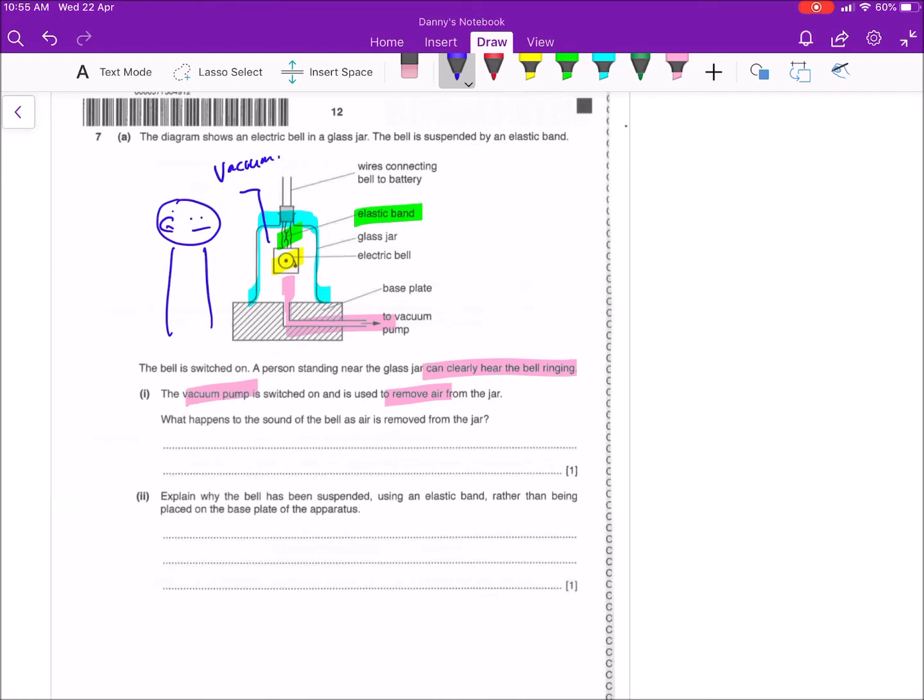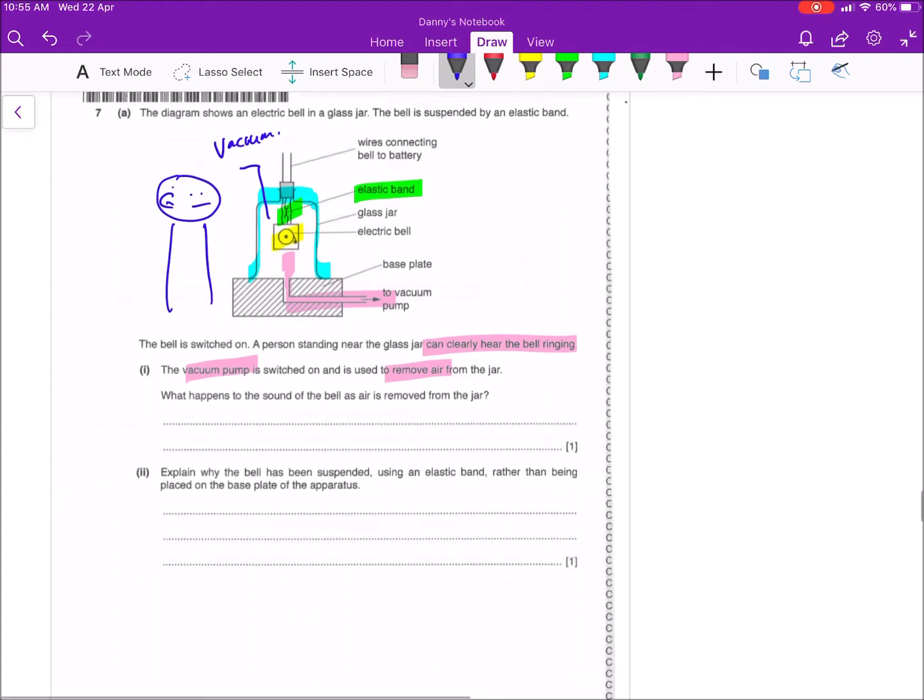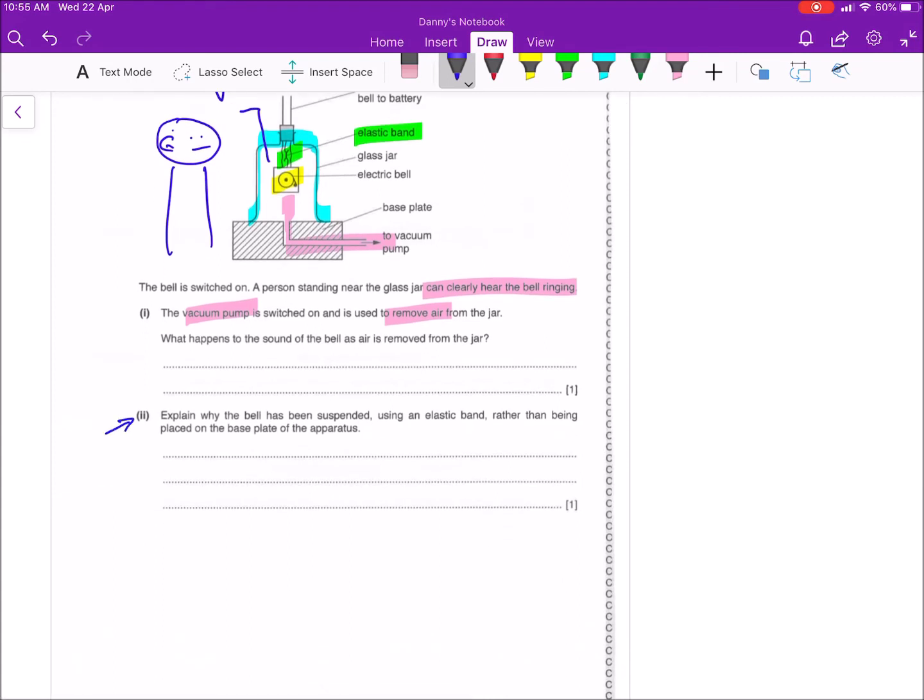Okay, so I leave it to you to figure out whether you can hear or not. But I will talk about part 2, why do you need this elastic band. So you know that when you hear sound, there's a vibration, and then there's a medium to transmit the vibration from the source to your ears. So for now you have removed the air. So what is the function of the elastic band?